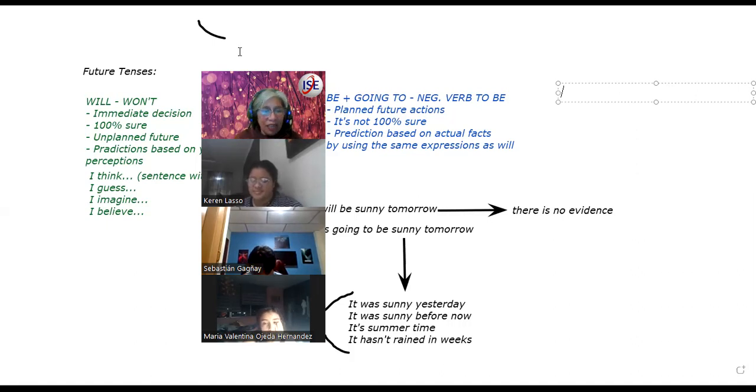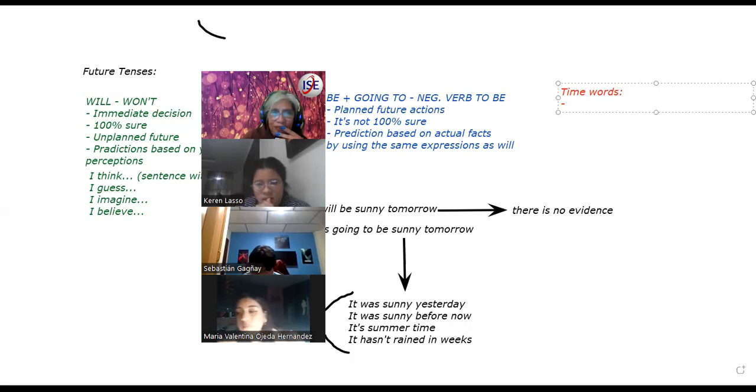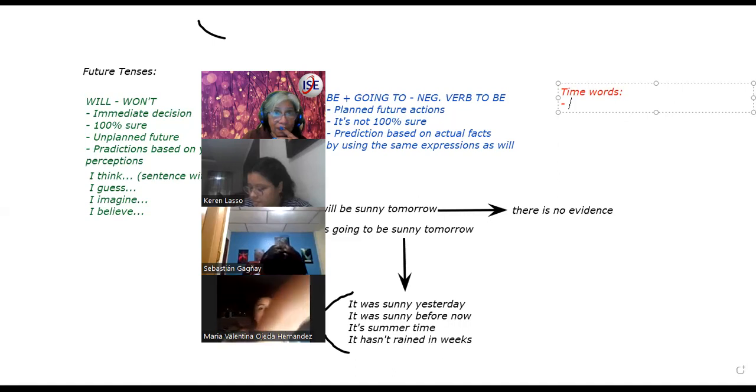Fortunately, I had the perfect example because my daughter brought me dinner. The only thing that we have missed is the time words for future tense. Okay, time words. Sebastián, do you remember one time word for future? Years.